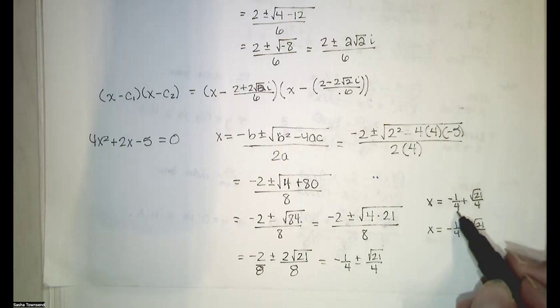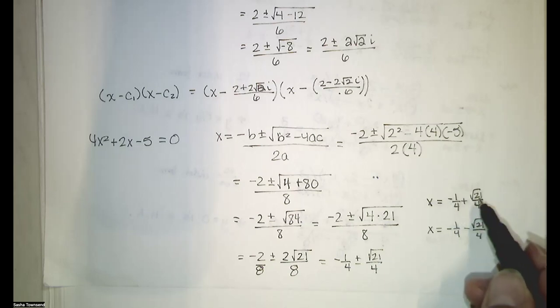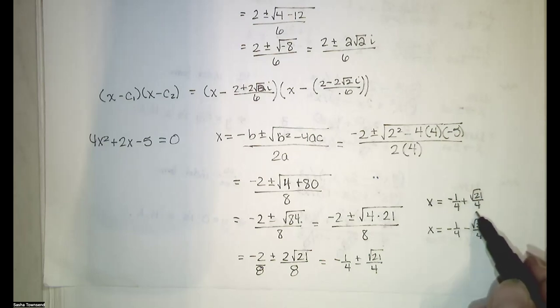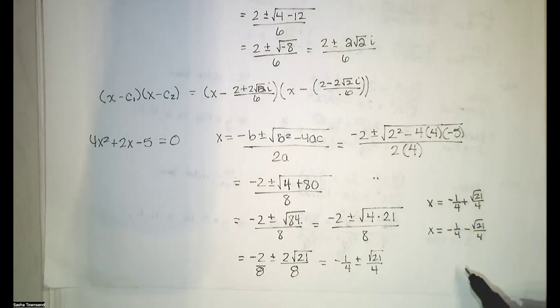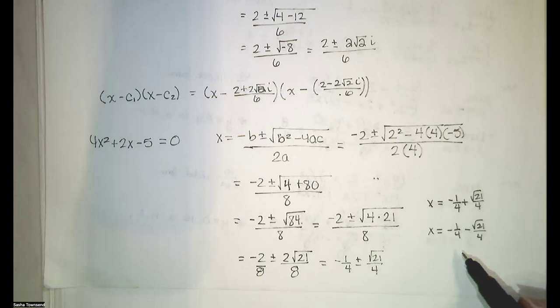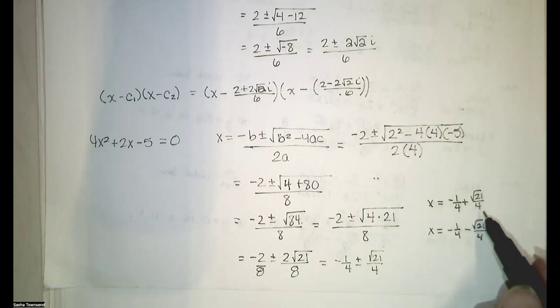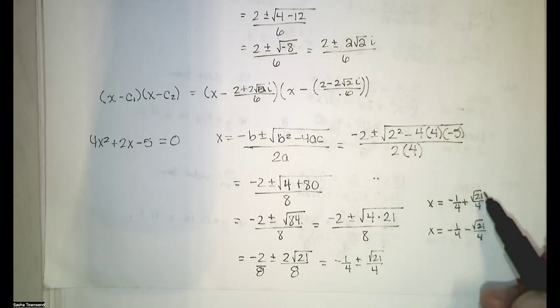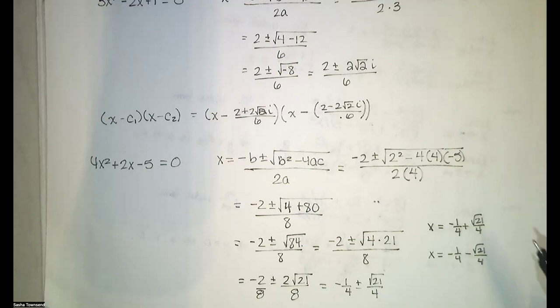So I've got negative 1/4 plus some number that's between 4 and 5 over 4. And then I've got negative 1/4 minus some number that's between 4 and 5 over 4. So this is somewhere in between 1 and 1.25 approximately. And we are taking that and we're subtracting 0.25 from that.